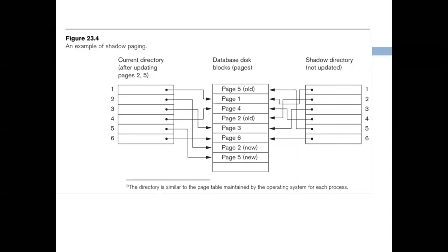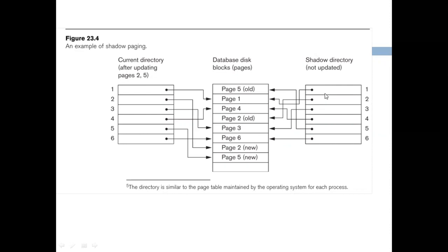So here also, for each database block, the pages are maintained with a flag whether it is new or old. For example, for page 2, we consider the old one is present here, the new one is present here. So this old one is being pointed to by this one.